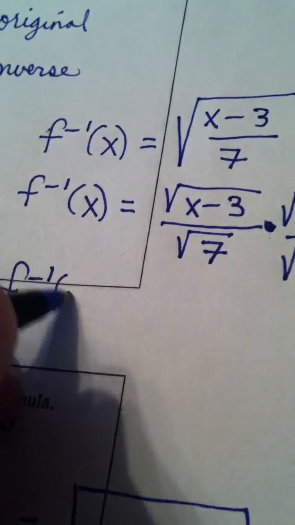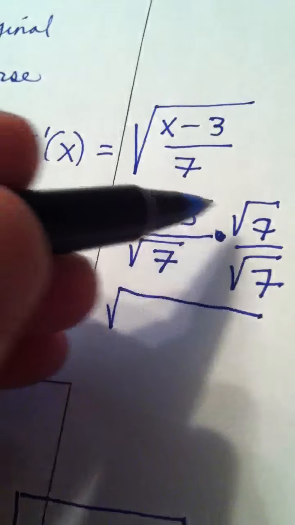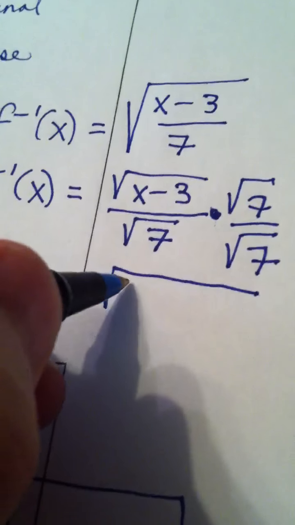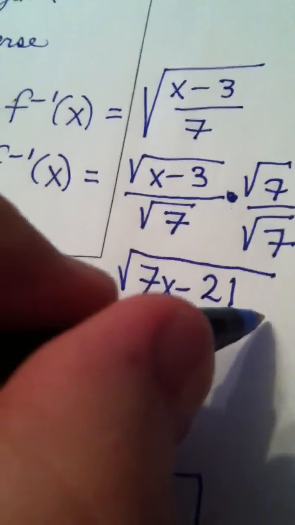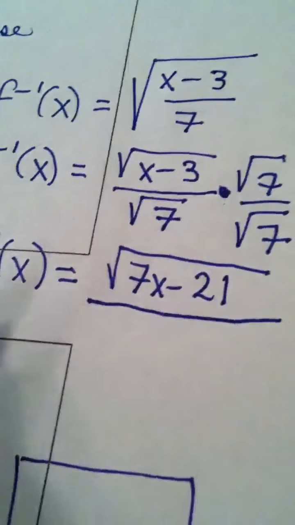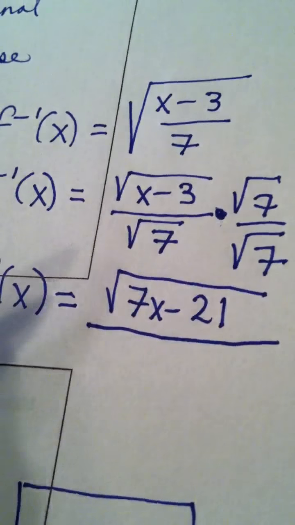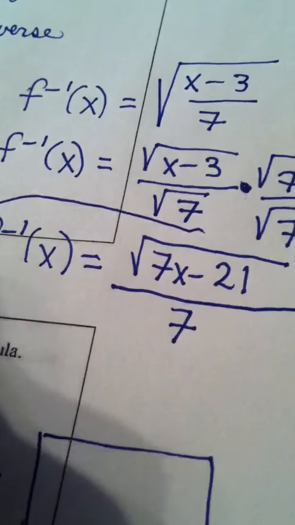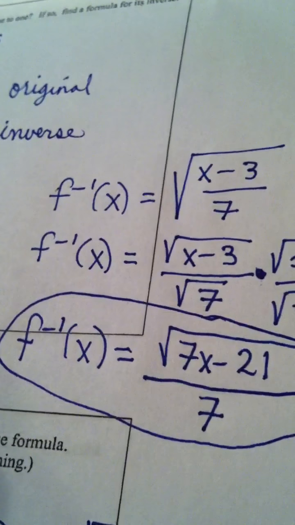So f inverse of x is equal to, in the numerator, we use the product rule for radicals, so these two go under one roof. And that product, of course, is 7x minus 21. That's all under a radical. And in the denominator, the square root of 7 times the square root of 7 is the square root of 49, but that is just 7. So that, my friends, is my formula for f inverse.